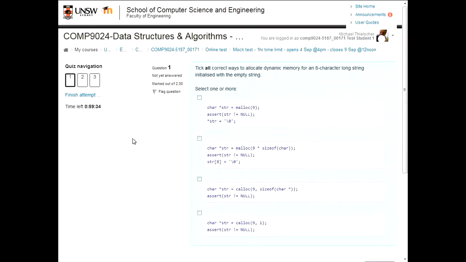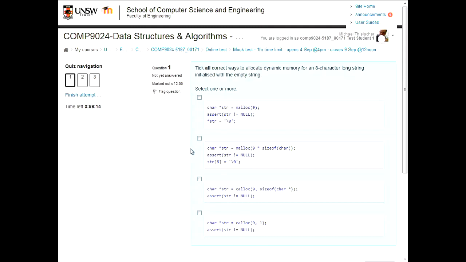Let me see if yeah, so this is better. Use full screen, it does work better. So what you can see here, there are 3 questions, and in the real test you will see 10 questions here. You see the timer, and now I'm showing you just 3 types of questions that you might encounter.